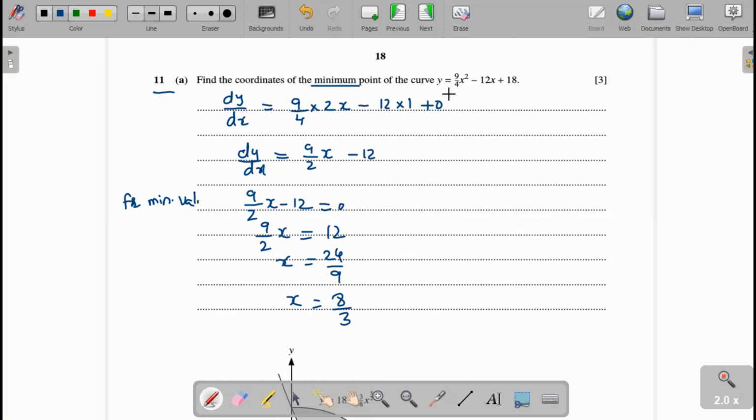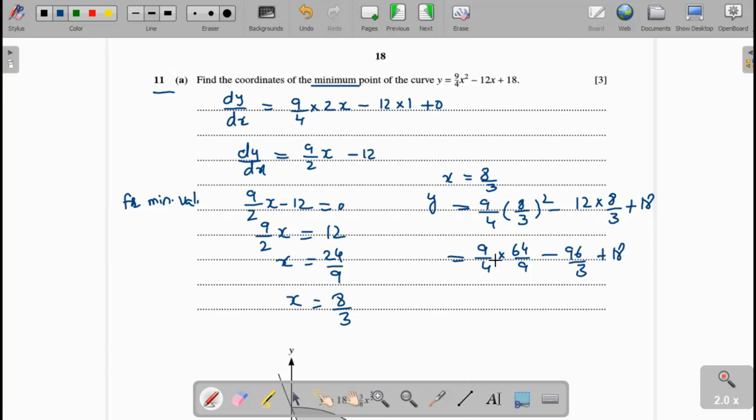Next we substitute the value of x in y. Here x is equal to 8 over 3. Now y will be equal to 9 over 4 into 8 over 3 whole square minus 12 into 8 over 3 plus 18. That will be equal to 9 over 4 into 64 over 9 minus 96 over 3 plus 18.